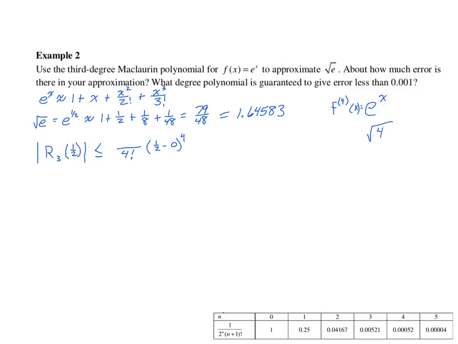Well, the square root of 4 then is 2. So what that tells us is that the largest value of our derivative is going to be 2.